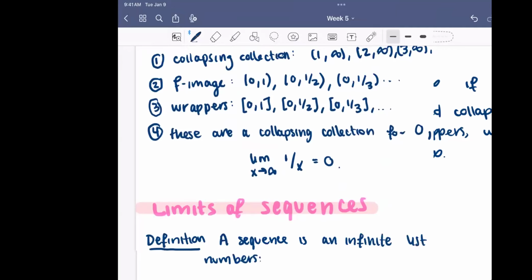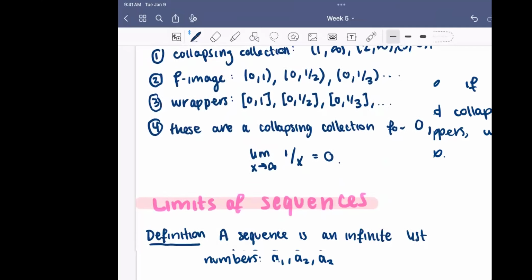A lot of times they're called A, so like A sub 1, A sub 2, A sub 3, and so on. I'll do an example. We could have a sequence that looks like 1, 1/2, 1/3, 1/4, and so on. And it just continues on forever.